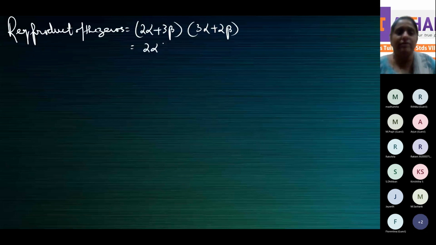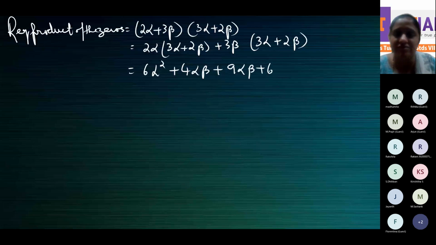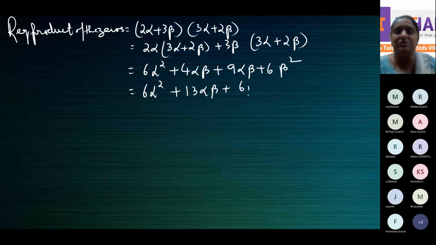So 2 alpha into 3 alpha plus 2 beta, plus 3 beta into 3 alpha plus 2 beta. This is how we multiply. So it will be 6 alpha squared plus 4 alpha beta plus 9 alpha beta plus 6 beta squared. So you get 6 alpha squared plus 13 alpha beta plus 6 beta squared.